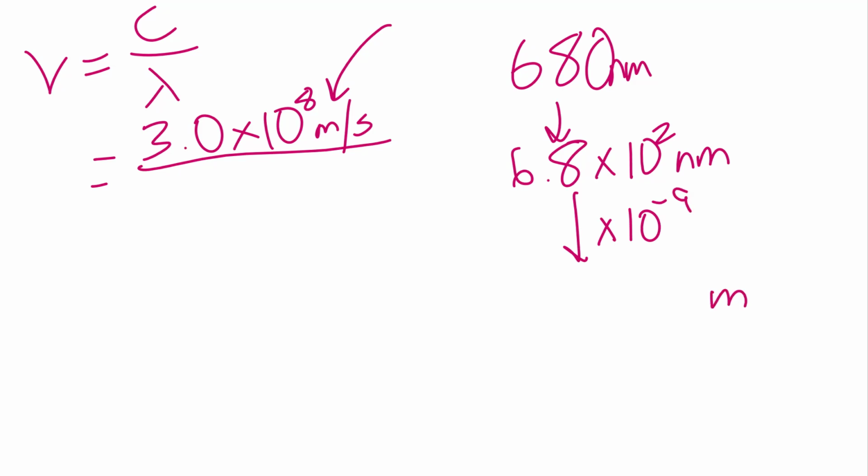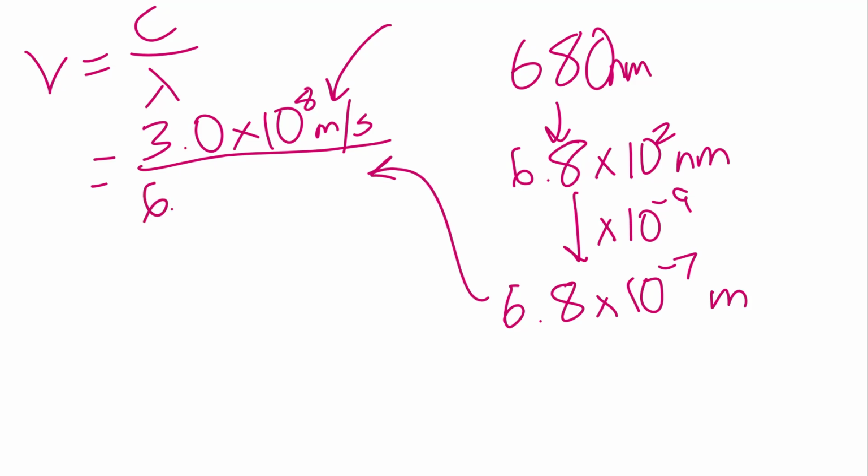So we're going to have meters here. We'll talk about conversions more in the second semester. 6.8 times 10 to the negative 7 meters. So that has to go here, where the wavelength goes. 6.8 times 10 to the negative 7 meters.